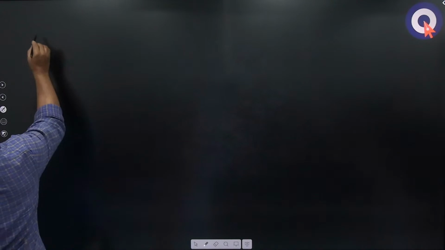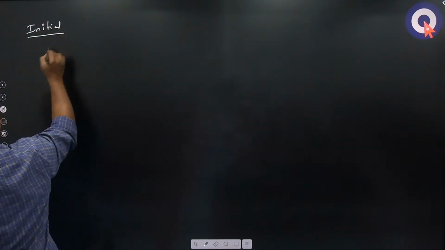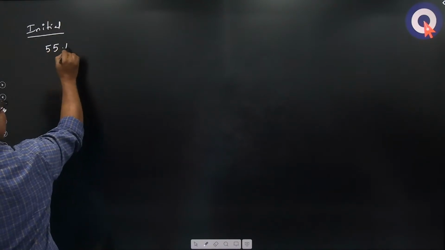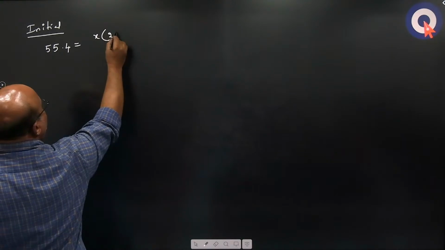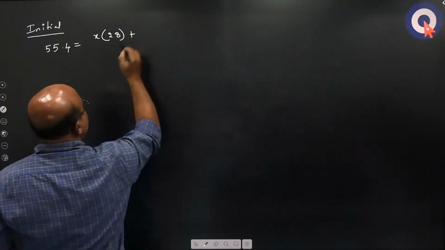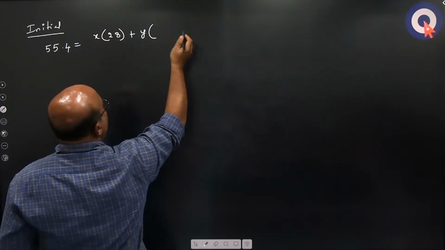So what is the initial situation? At the initial situation, the mean molecular mass is 55.4, which is nothing but X into the molecular mass of nitrogen, 28, plus Y into the molecular mass of N2O4.